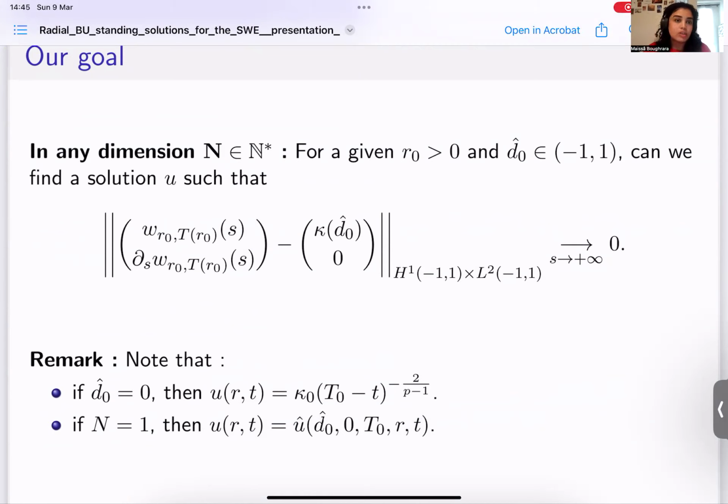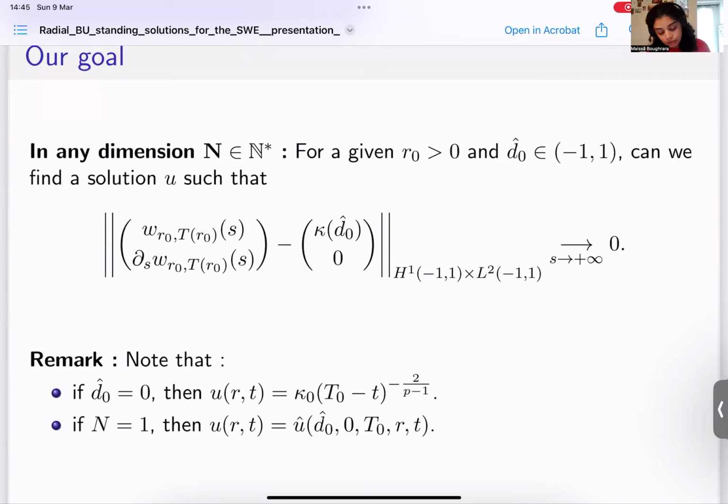So the results are also valid if you have a solution that is not radially symmetric. But in our case, the solution has to be radial in order to be in an equation that is very close to the case of dimension one, because as you saw in similarity variables, the equation is almost exactly the same, except that we have an extra term in higher dimension.